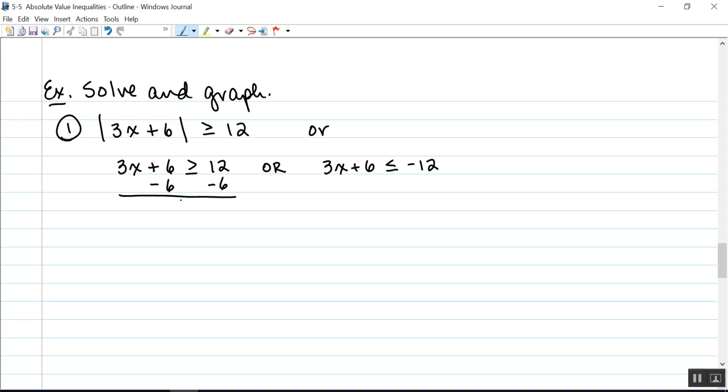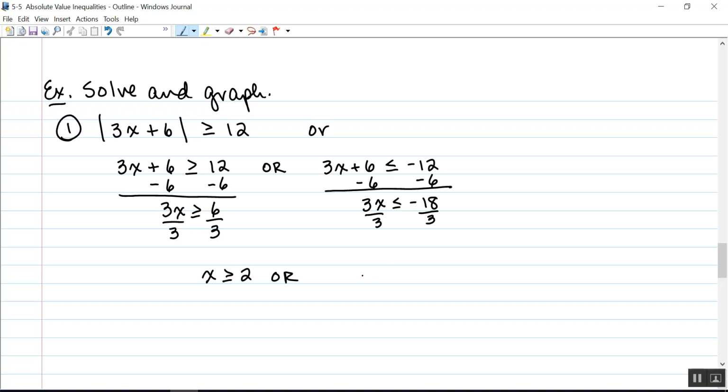Subtracting 6 and dividing by 3. So x is greater than or equal to 2, or, don't forget that in your answer, subtracting 6, 3x is less than or equal to negative 18, dividing by 3, or x is less than or equal to negative 6.